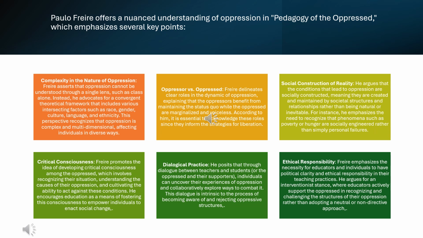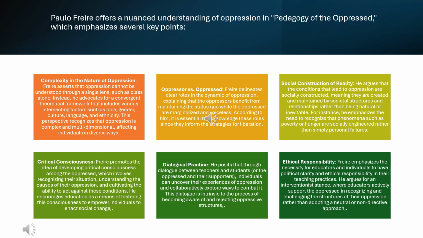For example with me, I used to wonder, why is there racism, what started the racism, why are Pakistani families subjected to this kind of treatment, and thinking about what some of the reasons are for this. He encourages education as a means of fostering this consciousness to empower individuals to enact social change.